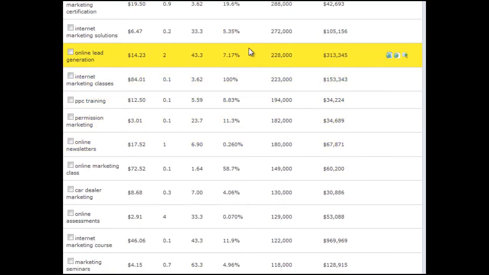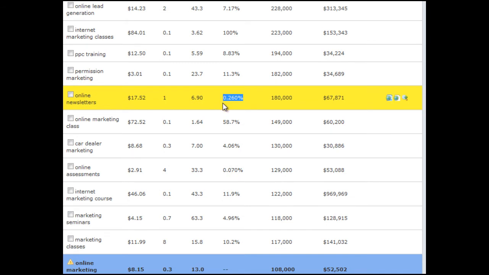They're still going to show up for one reason or another, like you can get a really small 0.2%, right, online newsletters. But because the number of competing pages is so high, because the cost per click is so high, and because there is an intersection that was significant for one reason or another, and we look at co-occurrence and we look at latent semantic relationships and we look at the number of uses on your top competitors' pages to determine how important we really think a keyword is to the keyword that you've drilled into.